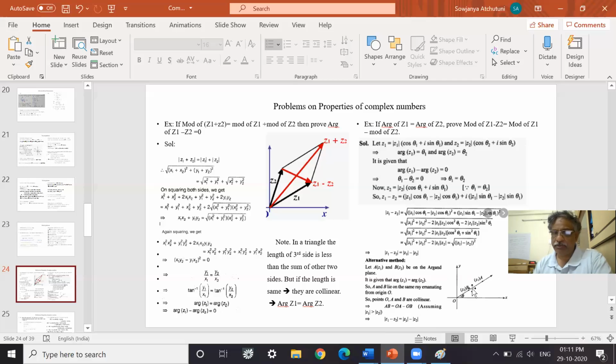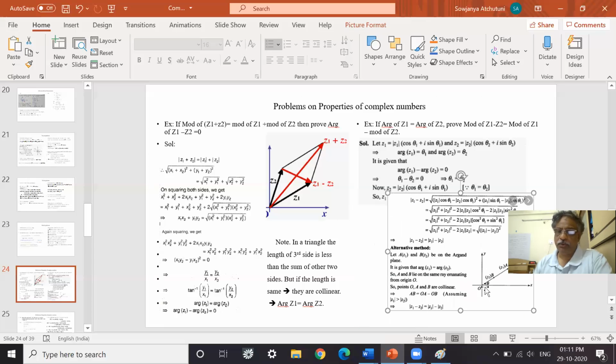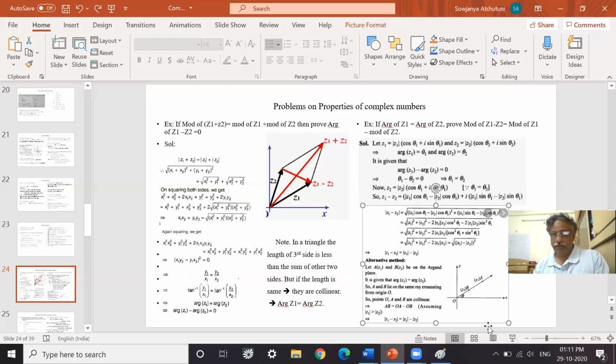Mod of Z2 minus Z1, so mod of A minus mod of B, mod of Z2 minus mod of Z1. So mod of Z1, A is Z1. So mod of Z1 minus Z2 is equal to Z1 minus Z2, because AB is equal to OA minus OB. So this is a simple understanding when they are equal.